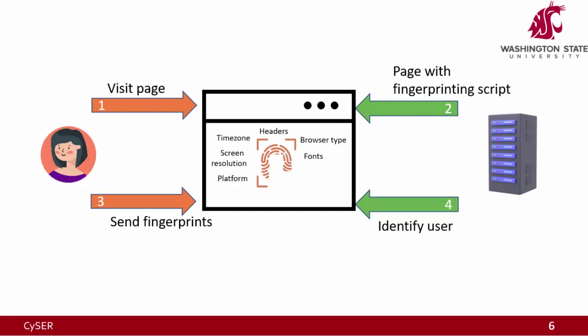Every device supports a specific set of fonts, and this could be different from other devices. So if we detect the specific set of fonts supported on the user's device, we can use that to help us identify the user.